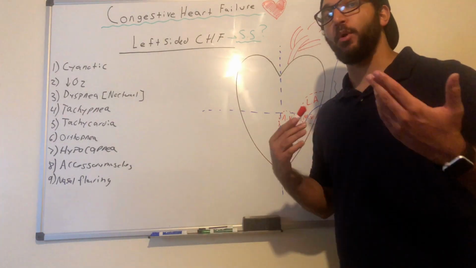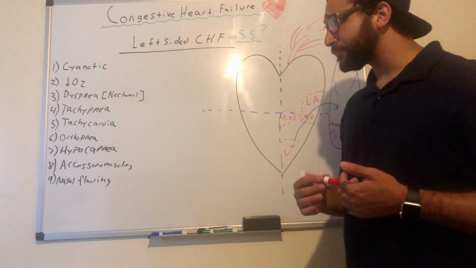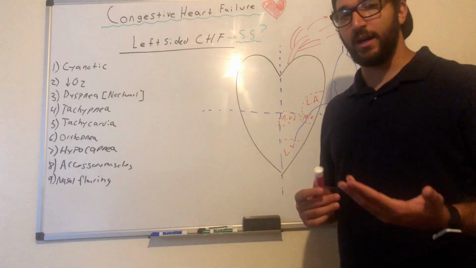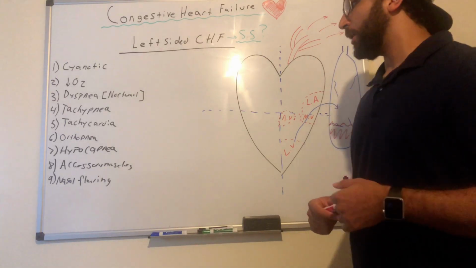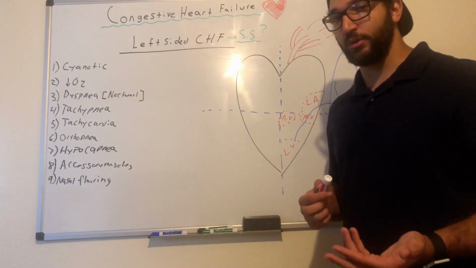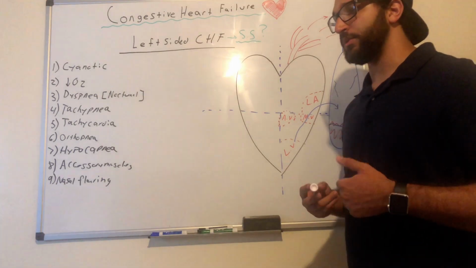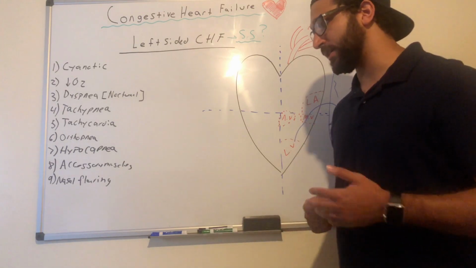They could become hypocapnic, meaning their carbon dioxide levels are going to be altered. Their accessory muscles are going to be used to obtain as much oxygen as possible because the body's trying to compensate.